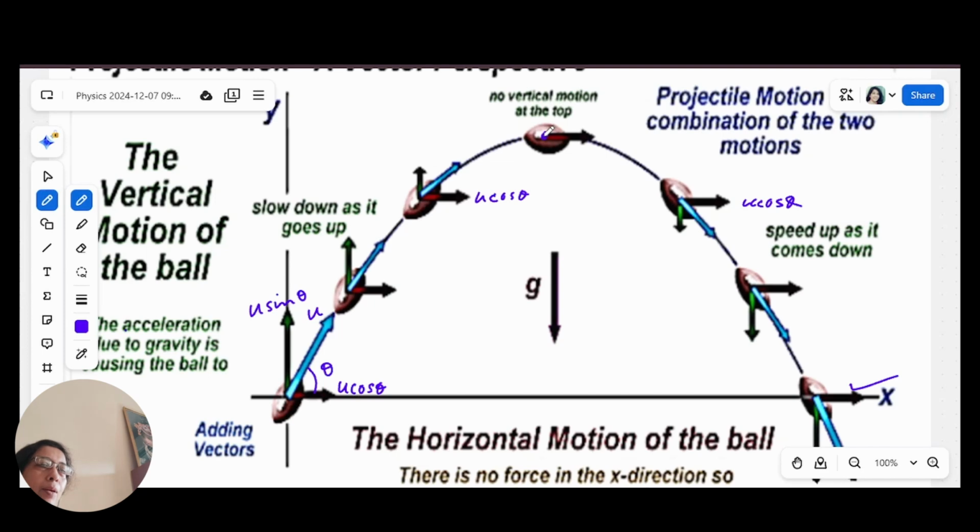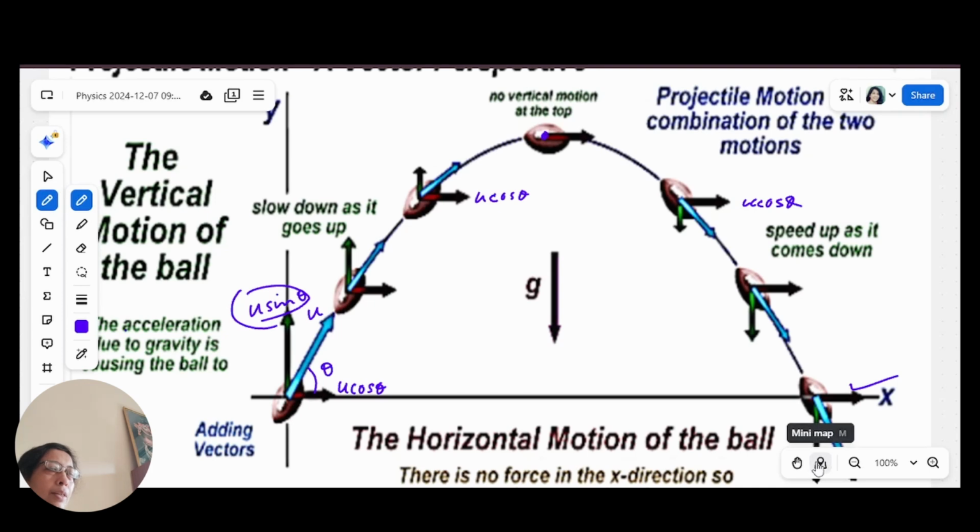After the particle reaches the maximum height, gravity will pull it down and the vertical velocity will increase in the downward direction. And just before it hits the ground, the vertical velocity becomes u sin theta again, just like at the start, but the direction is opposite.